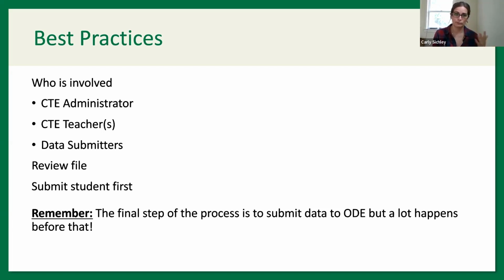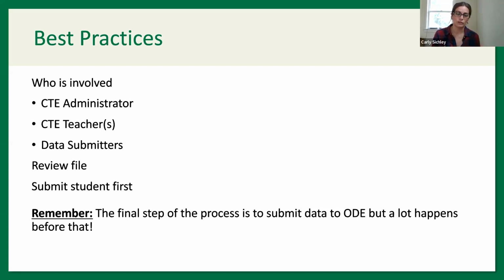It's really important to remember that what's input in the fall affects what can be reported to us in the spring, because the information has to match. You can't report things in the collections that we don't have as approved courses, and the course numbers need to match.